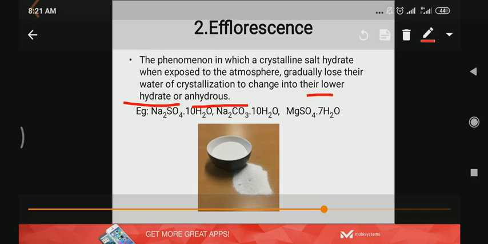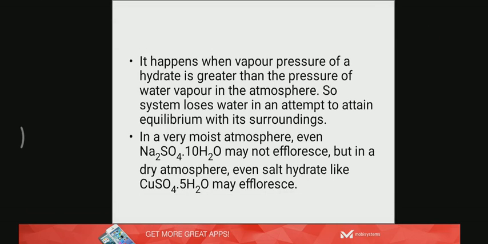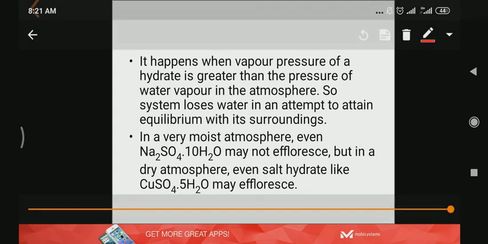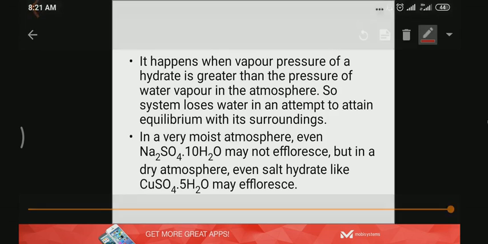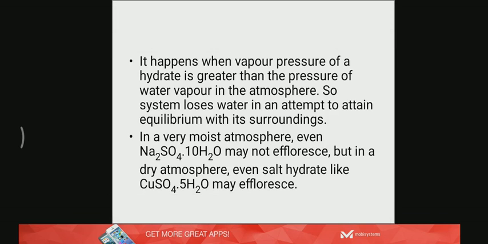Now let's see the principle of efflorescence, why this happens. Similar to the case of deliquescence, what happens here? It happens when the vapor pressure of the hydrate is greater than the pressure of water vapor in the atmosphere.